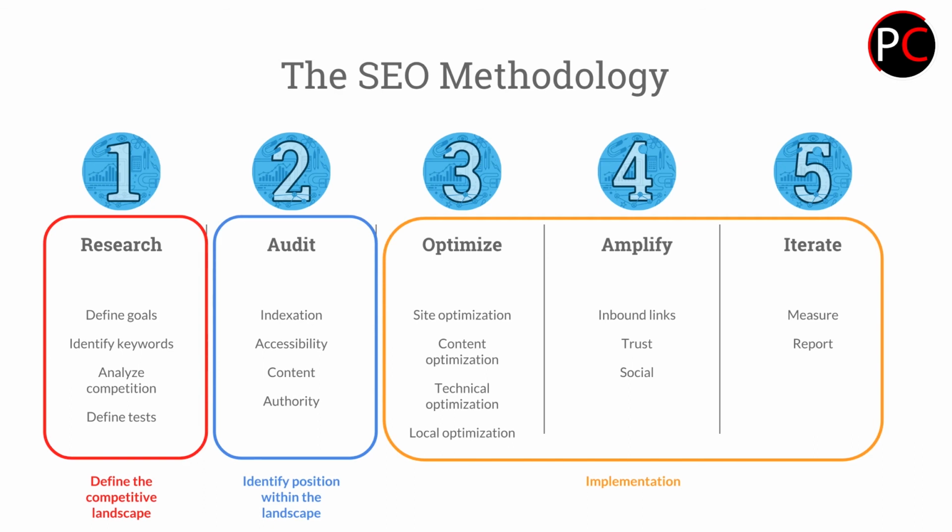Another way to look at this methodology is to say, in step 1, we're really defining the competitive landscape. We're talking to our internal stakeholders or our clients and defining the competitive landscape. Then we want to do a site audit and identify our strengths and weaknesses within that competitive landscape. Where are we strong? Where are we weak? What are things that we can change? And then there's a number of implementation phases.